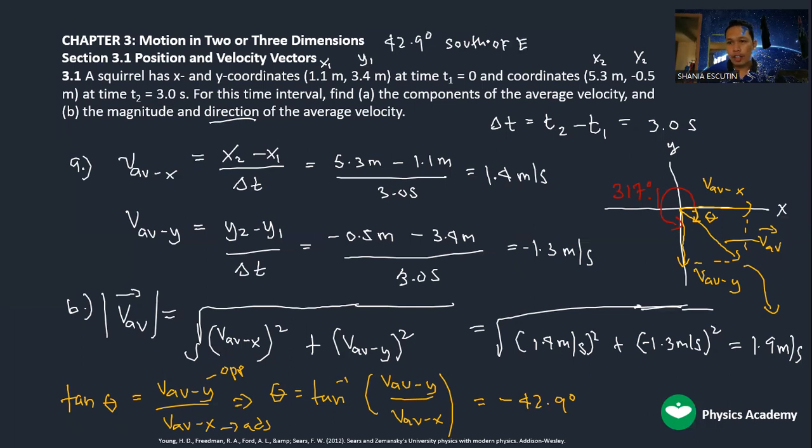Or you can say this is 317.1 degrees from the positive x-axis. So that is the answer. You can use this one or that one. That's all for our lesson for today, exercise 3.1.